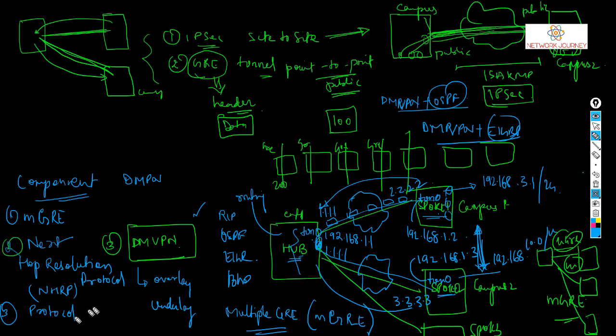What about the other component? The last component here is optional, and it is IPsec security. IPsec with DMVPN, because DMVPN is over private IP and over the cloud, so it's better you secure your data.